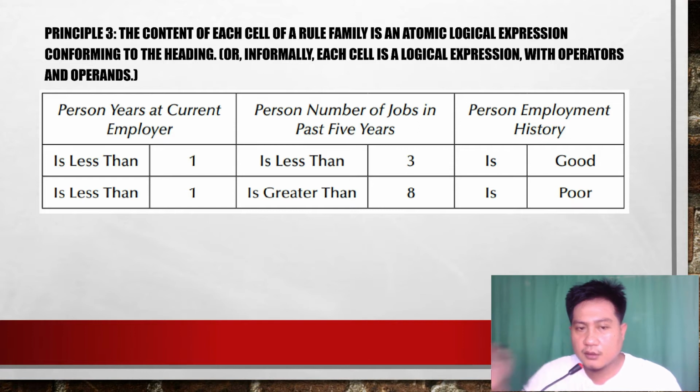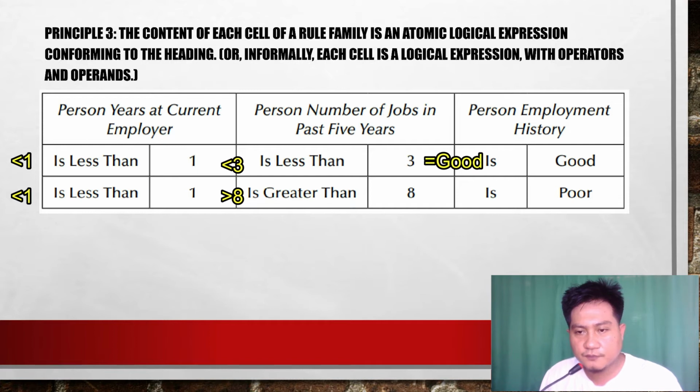Okay, so we might say for example is less than 1, so we can convert this into less than 1, this is less than 1, this is greater than no, this is less than 3, and this is greater than 8. So it's good.